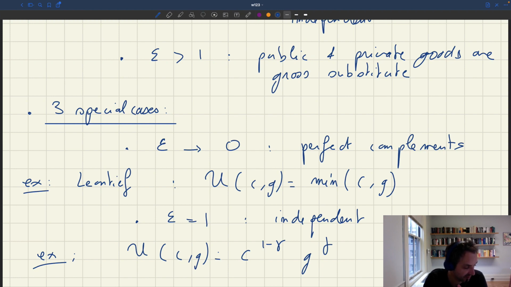So how much of one of the goods you have doesn't affect the value of the other good. So that's really a perfect middle ground.